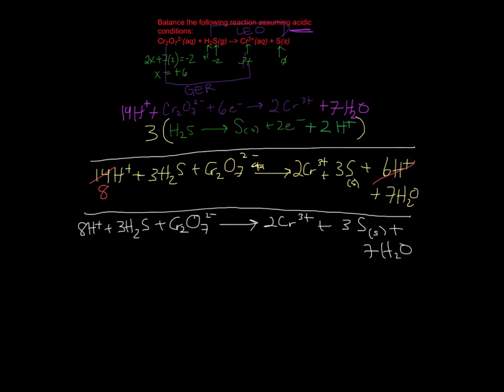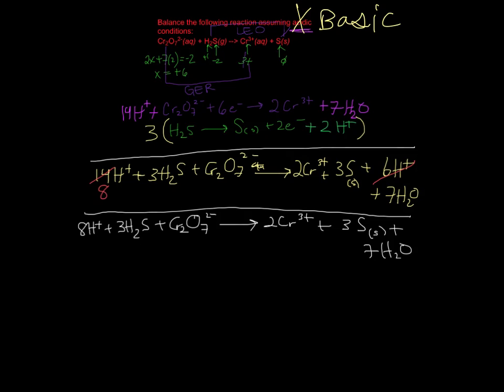Okay, so now we want to see how this would change if we were no longer in acidic conditions, but in basic conditions. And it's really not very different. You follow all of the same initial steps, balancing the oxygens with water, balancing the hydrogens with H+. But the only issue is in basic conditions you can't have H+ floating around in solution.